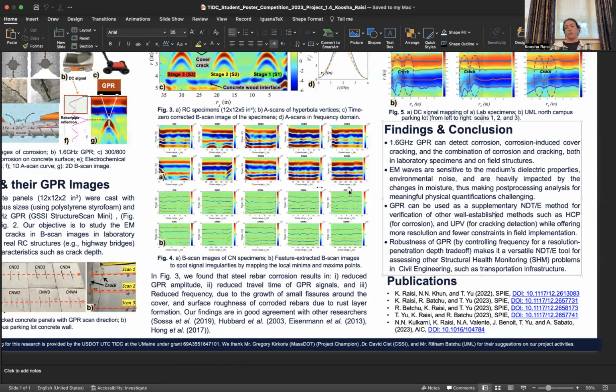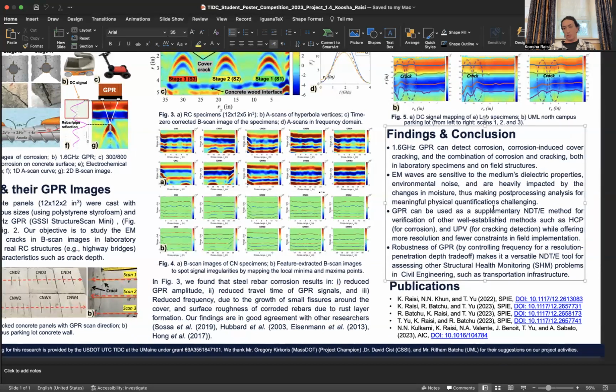The second one is that EM waves are sensitive to the medium, that is, the concrete dielectric properties. We neglect magnetic properties since we work with paramagnetic and non-magnetic materials in civil engineering. So it's just electrical dielectric properties.